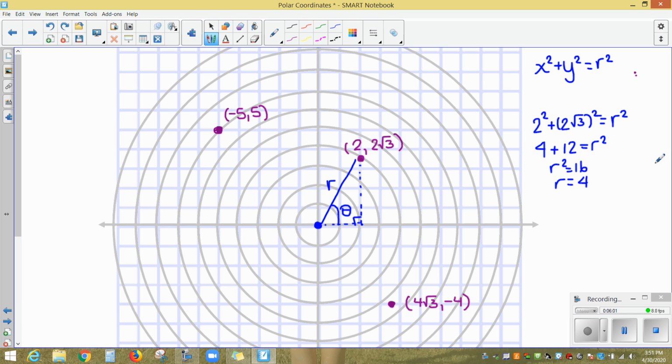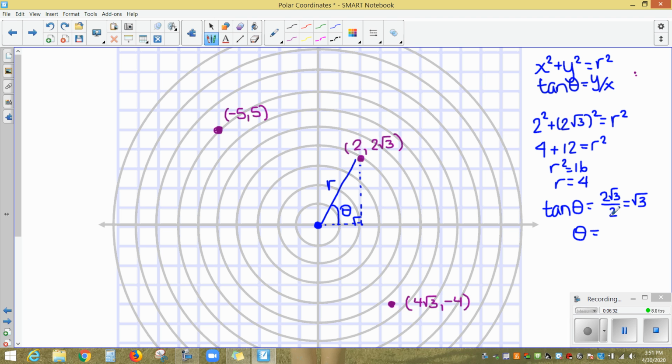We of course could write it in terms of -4 if we wanted to, but let's stick with a +4, and then we just need to find this theta. If we have our x coordinates and y coordinates, we've done this before as well, we know that tangent of theta is equal to y over x. So tangent theta for us is 2 square root of 3 divided by 2, or just plain old square root of 3.